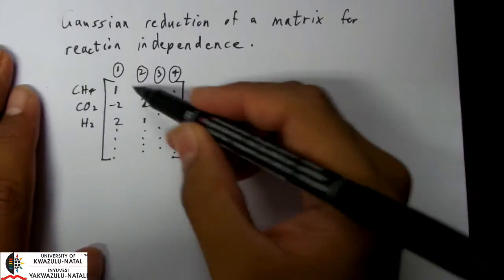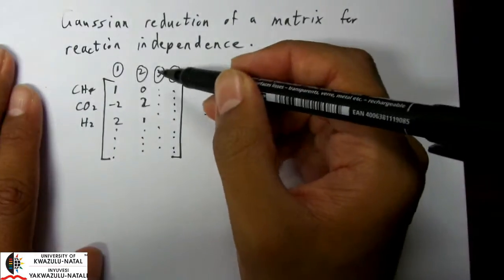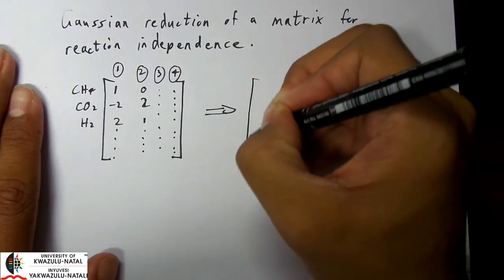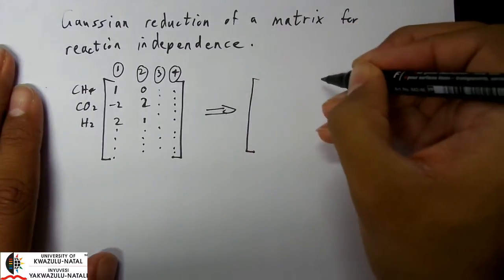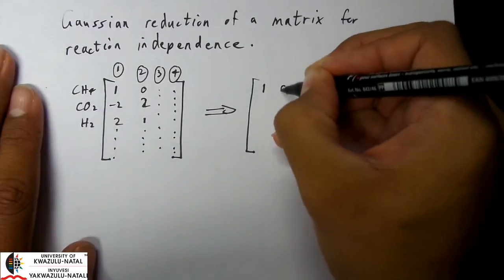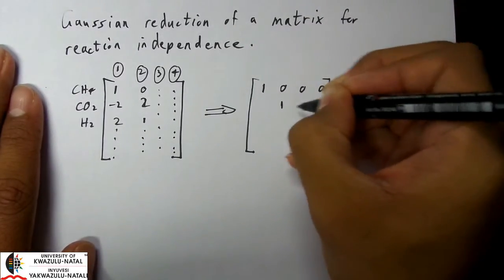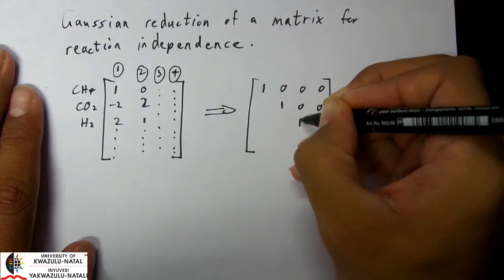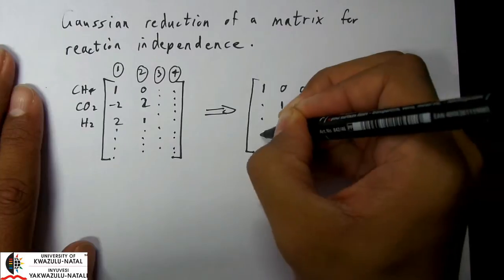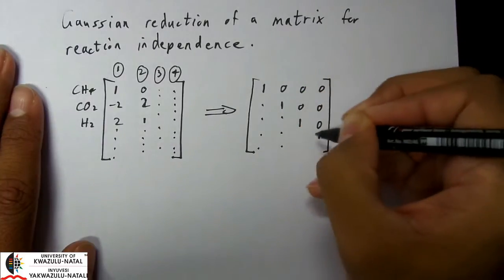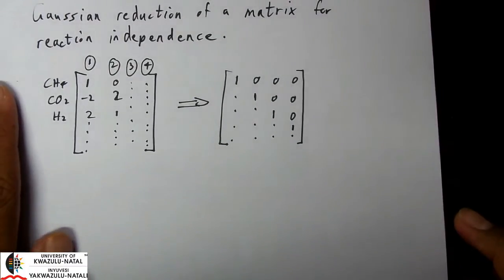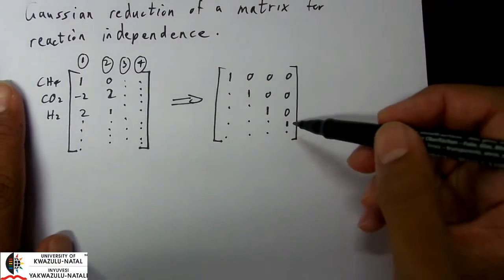Okay, and the aim of the game here will be to reduce this matrix to a particular form that looks like this. Okay, so this is what we would ideally want to achieve.